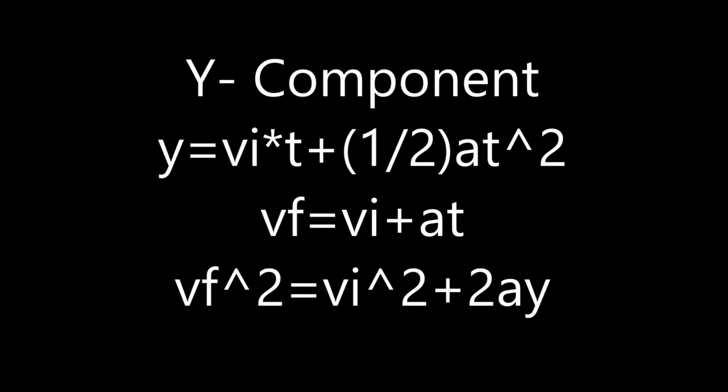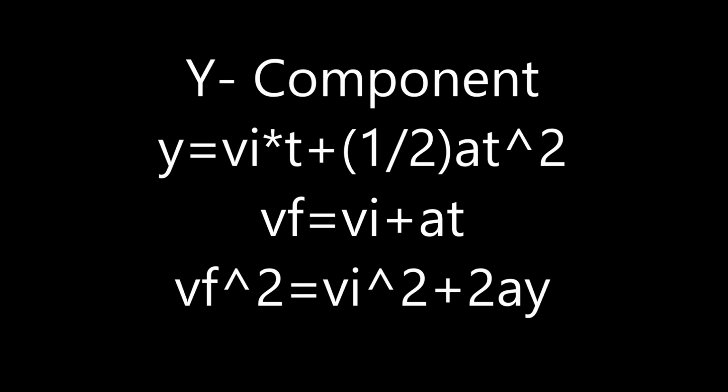Now in the y direction, it's a little bit different because you do have acceleration. So the equation you use is y equals v initial times time plus 1/2 a t squared. Use that full equation now because you have the acceleration. Acceleration in any of these equations is going to be 9.8 meters per second squared.